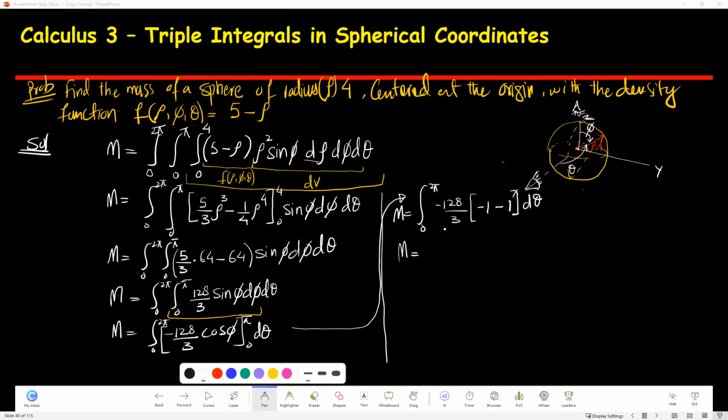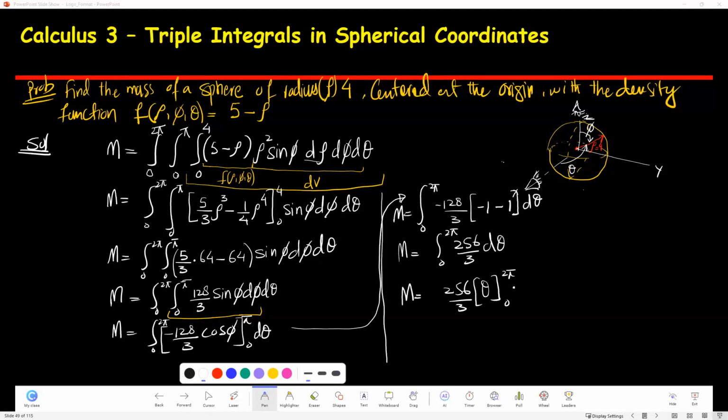Let's simplify it a little bit more before we take the last, third integral. So it's going to be minus 2, and with the minus sign it's going to be 256 over 3 d theta. Take our last integral and see how it goes. It's going to be just 256 over 3 theta, from 0 to 2 pi.